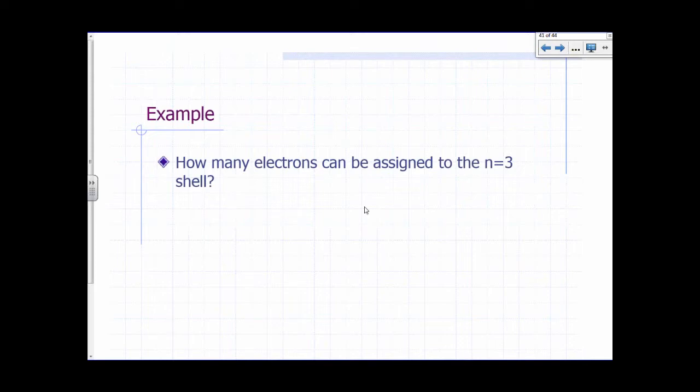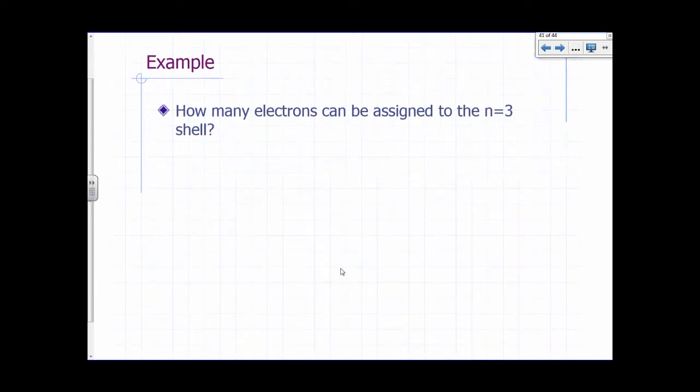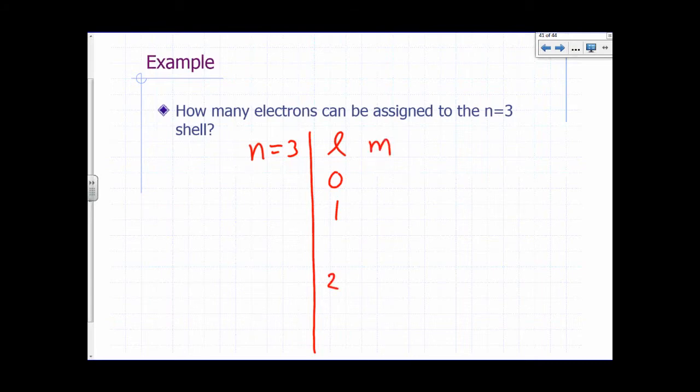How many electrons can be assigned to the 3rd shell? n equals 3. What are the possible l values? You can have 3s, so l equals 0. Or 3p, l equals 1, or 3d, l equals 2. And your m can be 0.